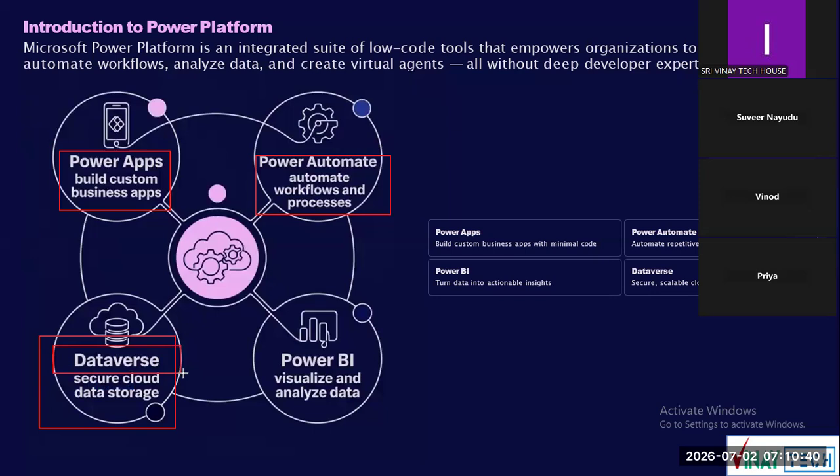Many features are there, so we'll discuss them in the course. I'll clearly explain Power Apps, Power Automate, and Dataverse. Coming to Power BI, I'm not going to cover it in this course. It is a separate course you can attend to learn Power BI. Vinay Tech is offering that Power BI course.